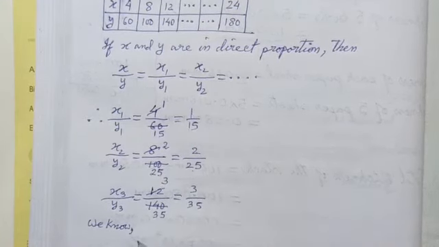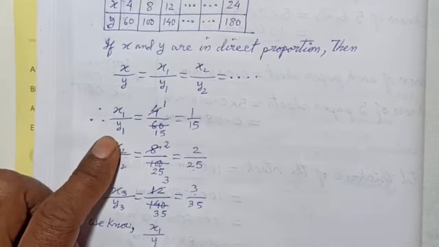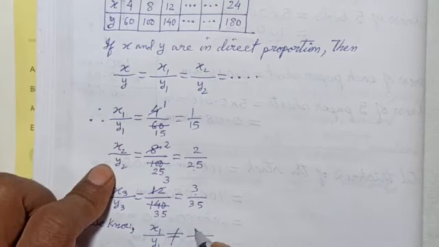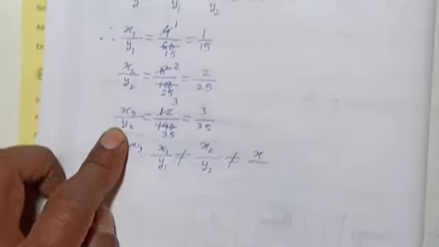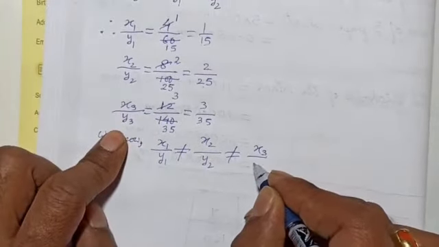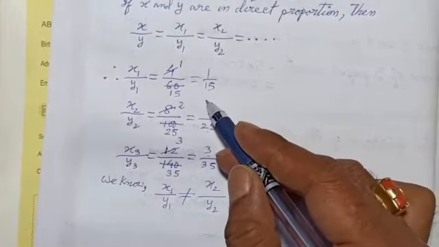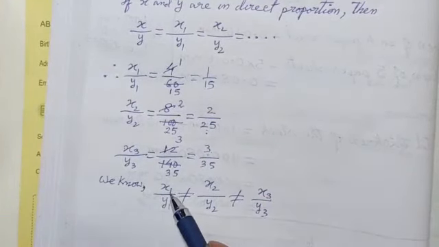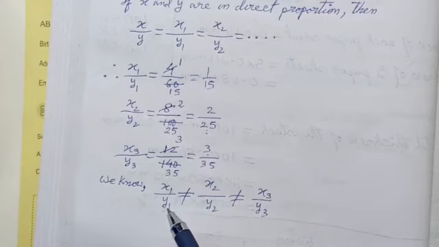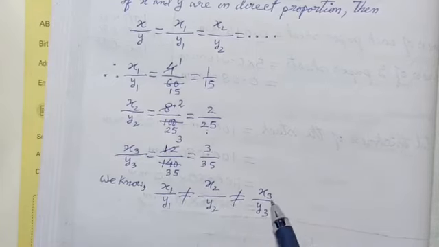So x1 by y1 is not equal to x2 by y2 is not equal to x3 by y3, that is, 1 by 15 is not equal to 2 by 25 is not equal to 3 by 35.